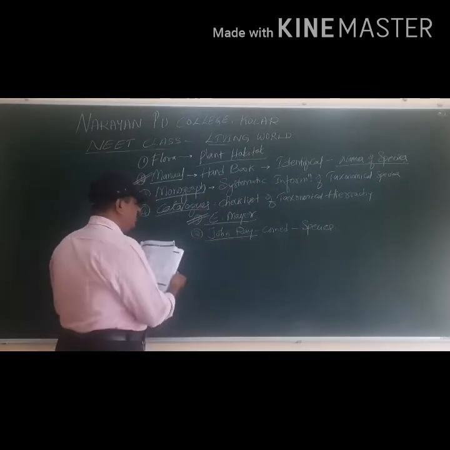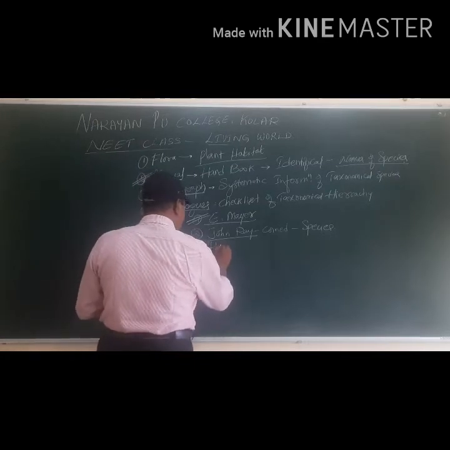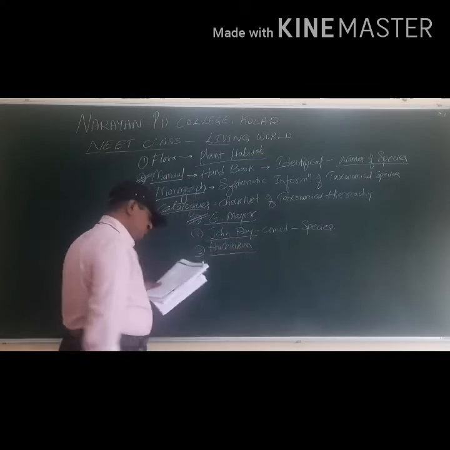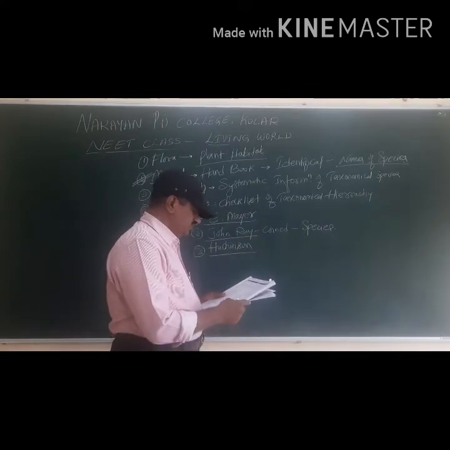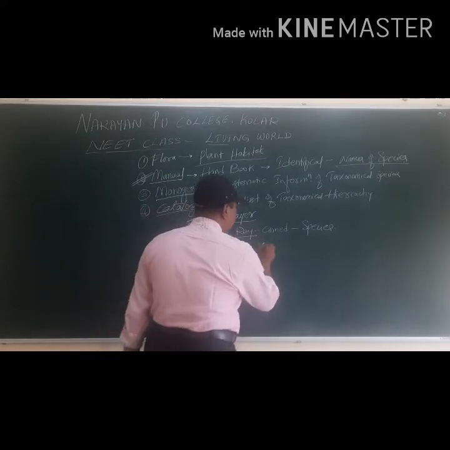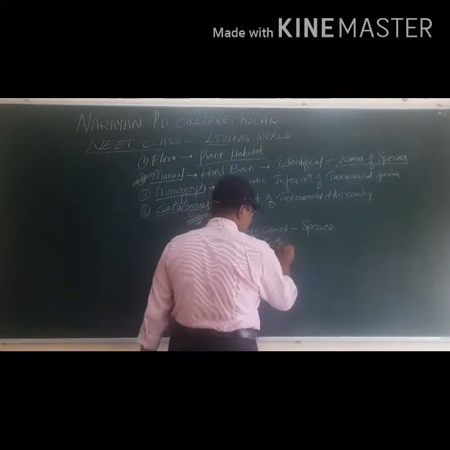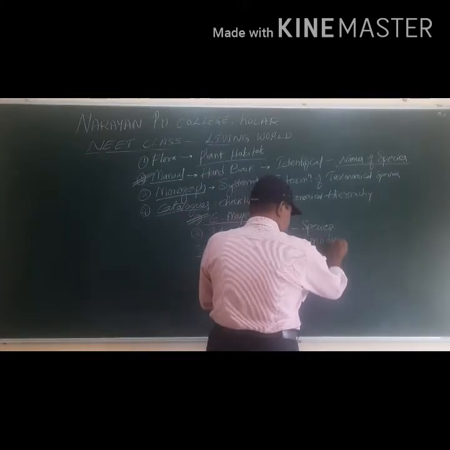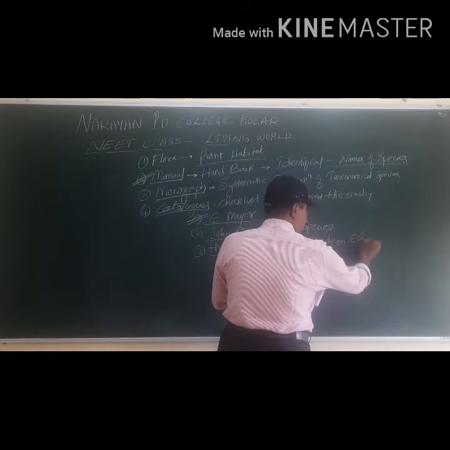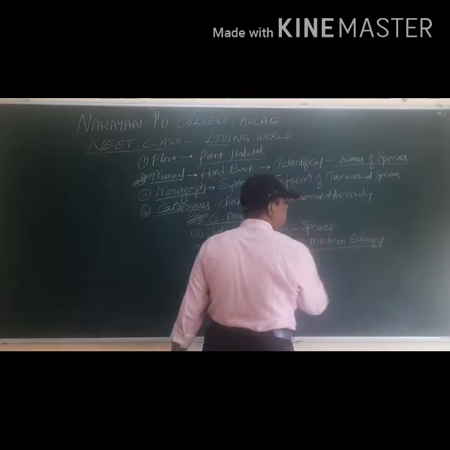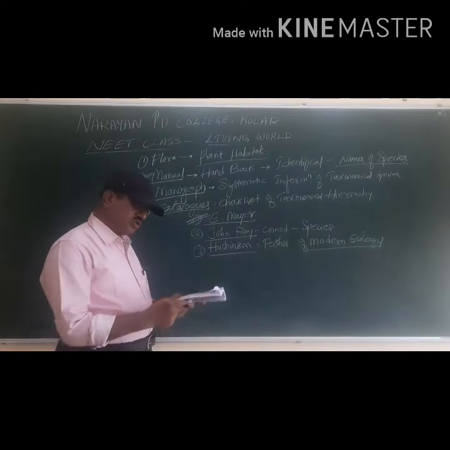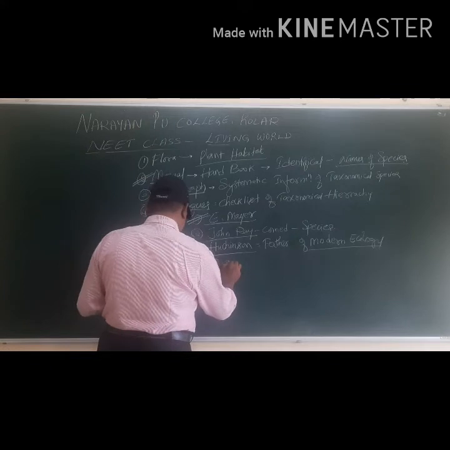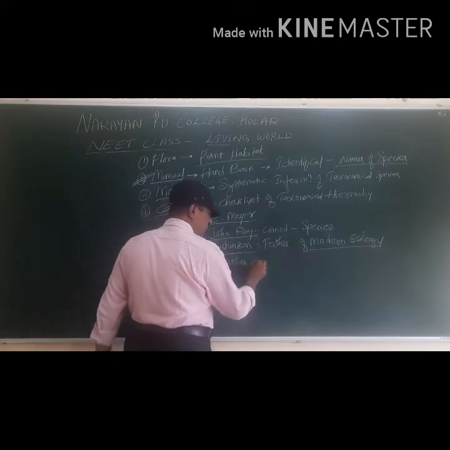Third one is Hutchinson. This person, Hutchinson, is called the father of modern ecology. So he is not the right answer. Next, Bentham and Hooker.